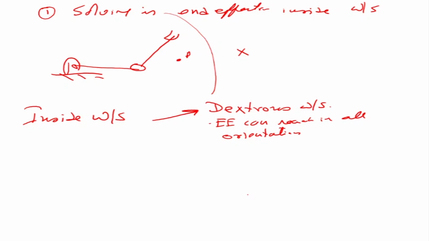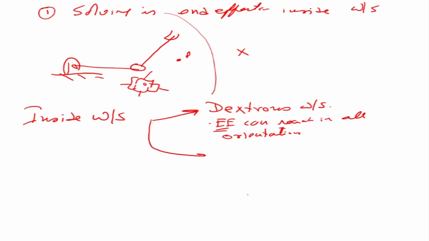Okay, that means if I take a point here, or if I take a point here, for example, the manipulator can go like this, it can come like this, it can come like this, it can go like this. That means the end effector can reach this point in all orientations. That we call the dexterous workspace.